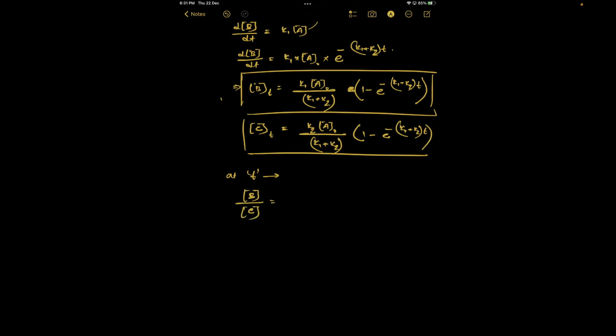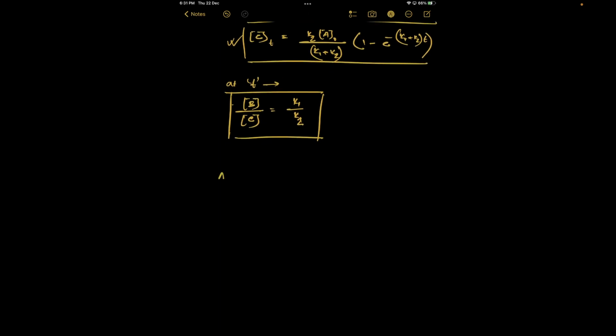If you divide these two equations, all these terms will be cancelled. You will get just K1 divided by K2, right? So this is a very important thing. For a parallel reaction, the ratio of the concentrations of different products will be equal to the ratio of their rate constants, so K1 divided by K2.